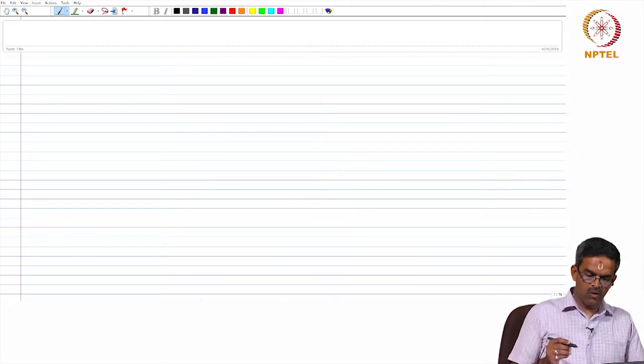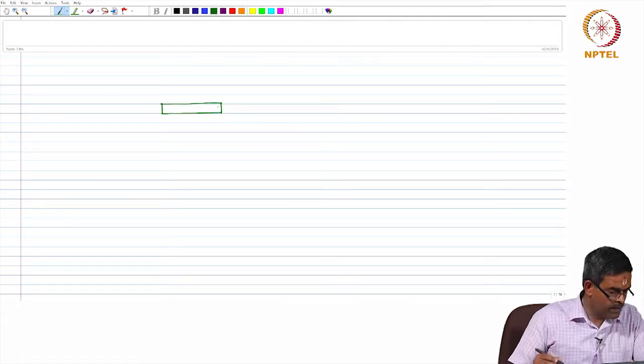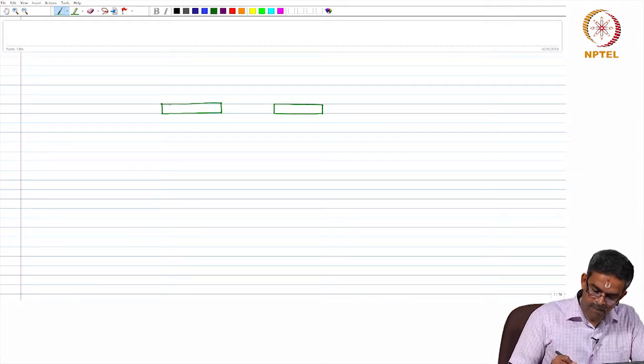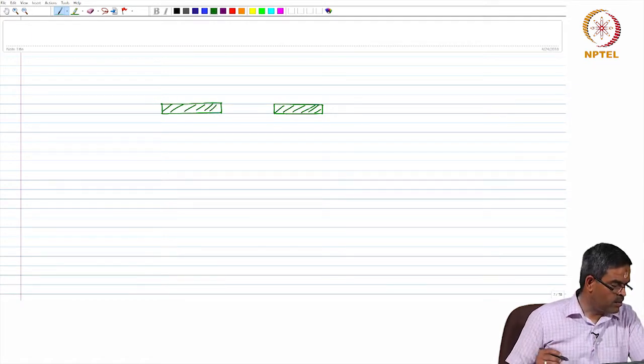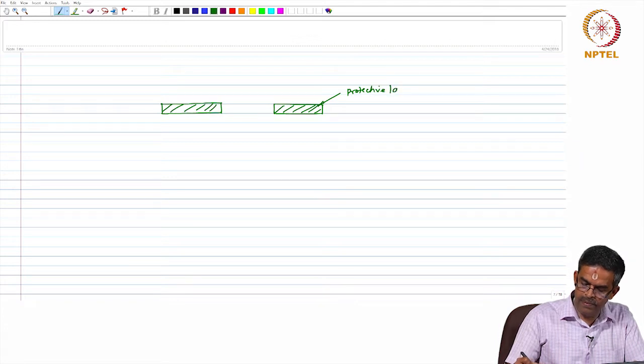A typical sensor looks like this. Which consists of a protective layer of felt wick.